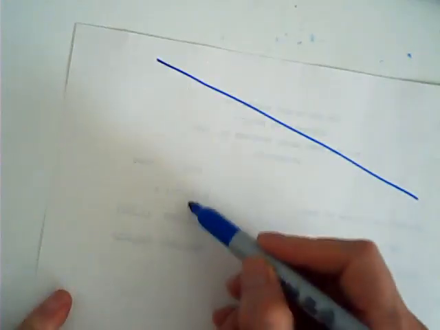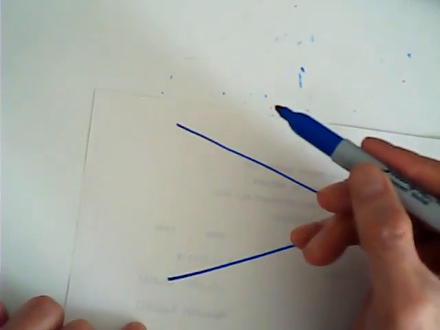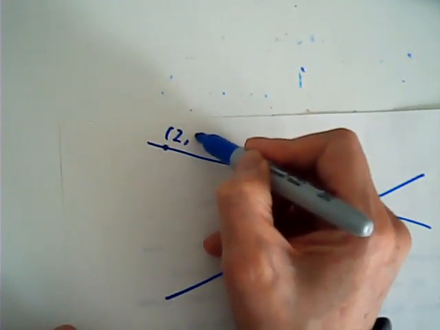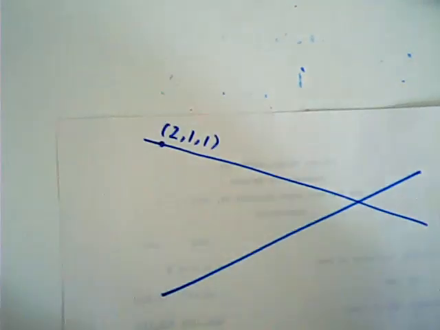Okay. So suppose we have two lines. These two lines are skew lines. Skew lines mean they are not intersecting, they are not parallel. And what is this line? Say this line has a given point 2, 1, 1, having directional vector 4, minus 1, and 2.